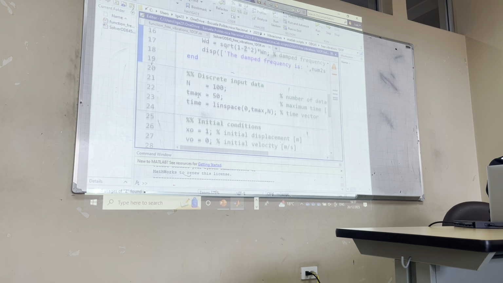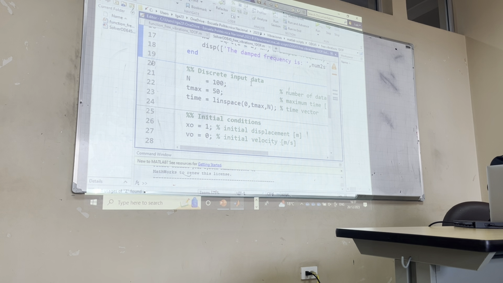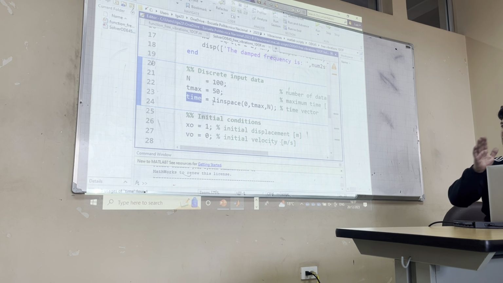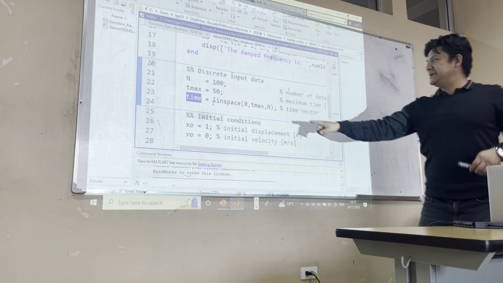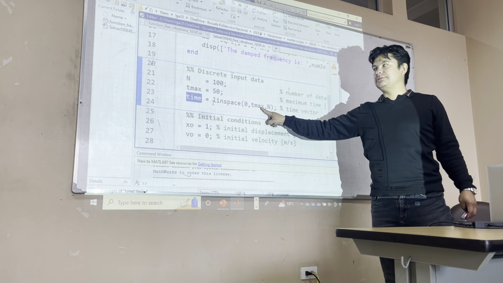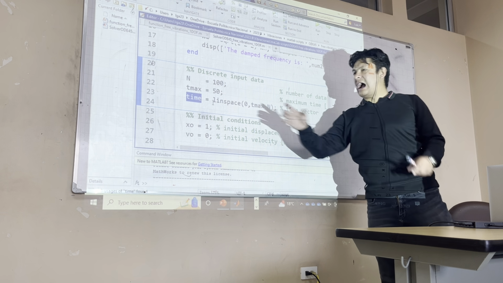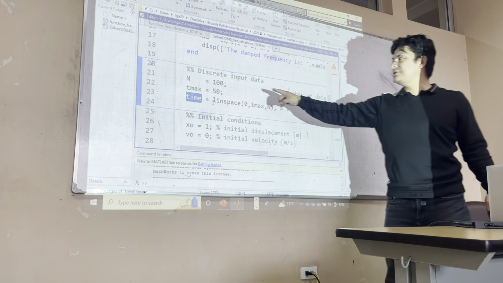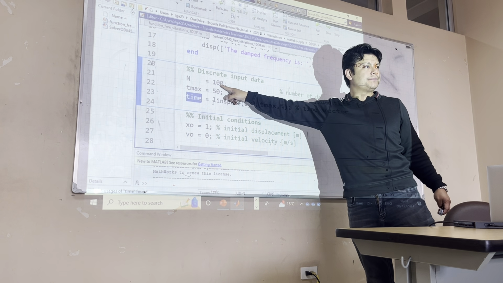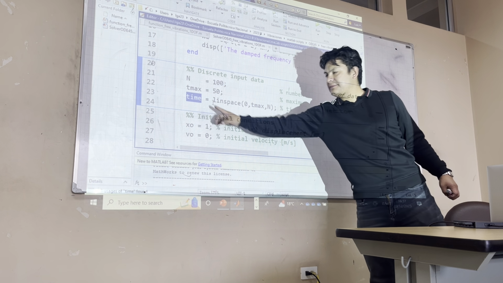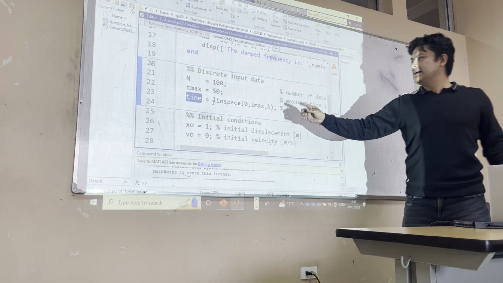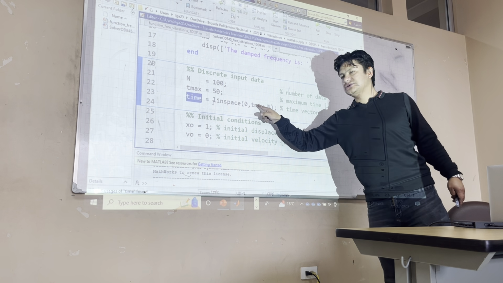Now, I'm putting here some discrete input data in order to create the time vector. The time vector is going to be a vector that goes between 0 to a maximum time that you can specify here. And how many values does the vector have? I put 100, for instance. So here, time is a vector of 100 elements that goes between 0 to t maximum.